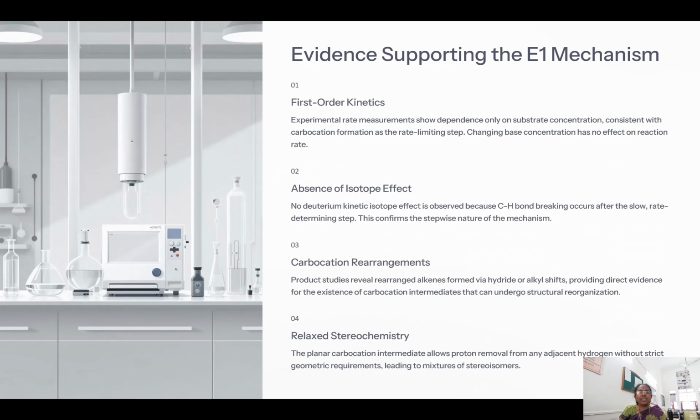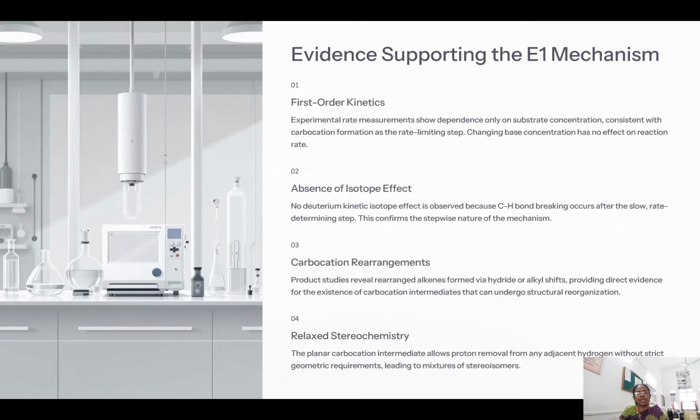And these are the evidences which support the E1 mechanism. Number 1, first order kinetics. E1 is first order kinetics. Experimental rate measurements show the rate depends only on the substrate concentration, consistent with carbocation formation as the rate limiting step, or rate determining step.